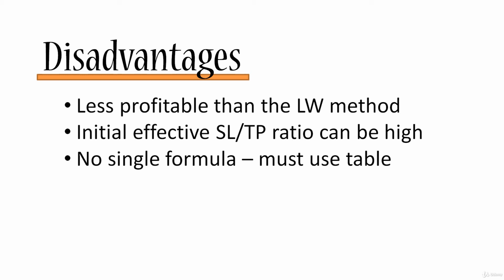So in terms of disadvantages, I think that the Ryan Jones method, or as we call it, the fixed ratio money management method, actually has fewer disadvantages than the Larry Williams method, or, well, at least they're not as critical. So that's the end of this section. Let me know if you have any questions.